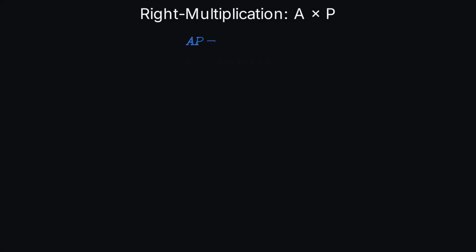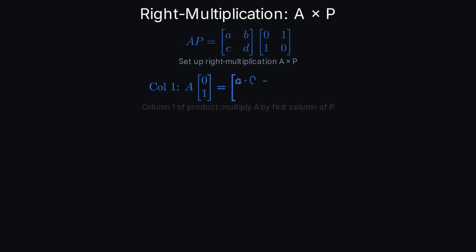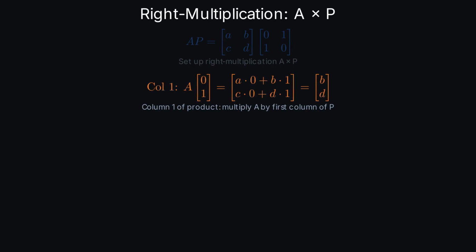Now let's multiply on the right. We compute A times P. Column 1 of the result comes from A times column 1 of P, which is the vector 0, 1.